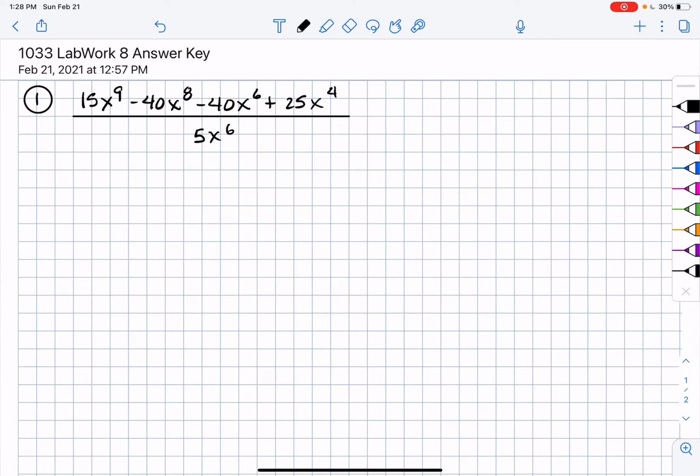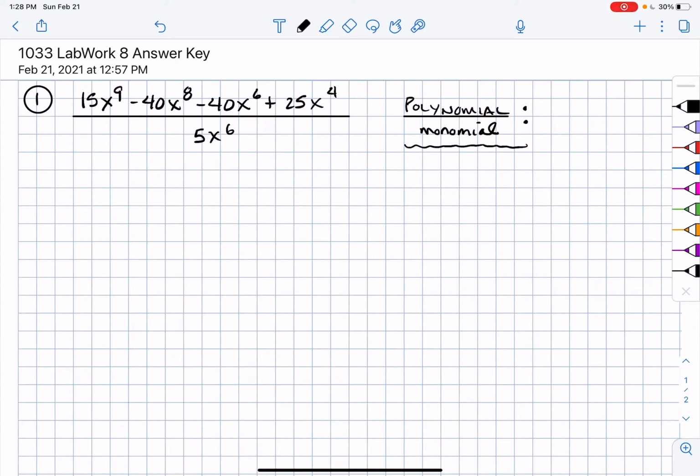All right, so what we're dividing by is a monomial. So this is a polynomial divided by a monomial. Okay, so this part right here is a different process than if I was dividing by a binomial.